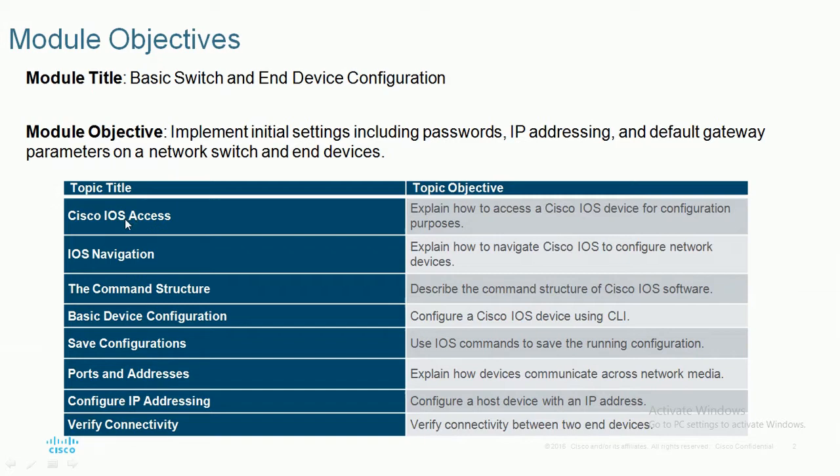Okay, so the main objective of this module is how to set a password to the network device, or how to give an IP address to the network device, or how to configure a default gateway to the network device, and different parameters on a network switch and end devices, and how to navigate in the IOS infrastructure.